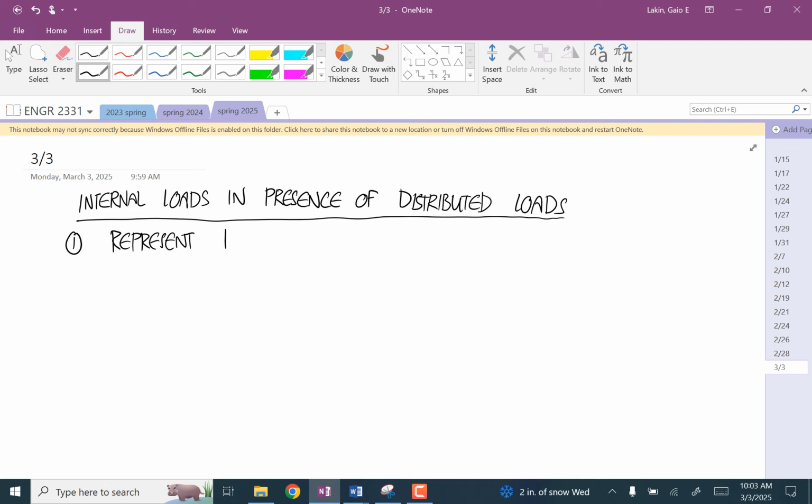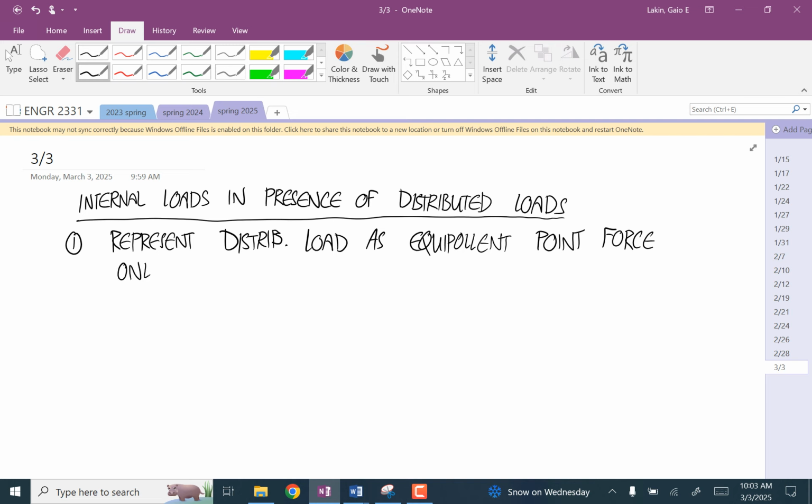So represent the distributed load as an equipollent point force only after you've chosen the body to isolate.